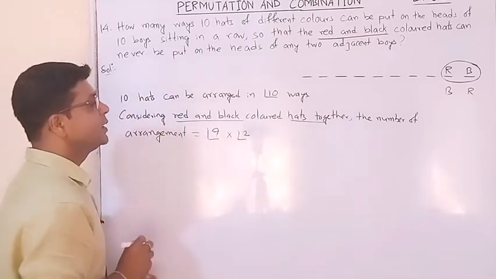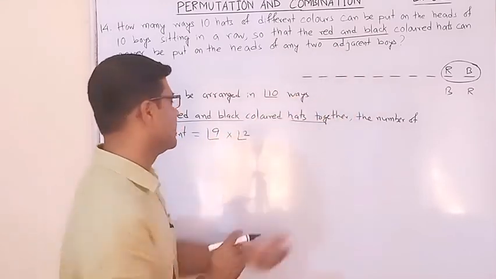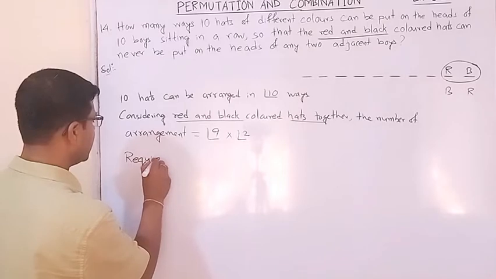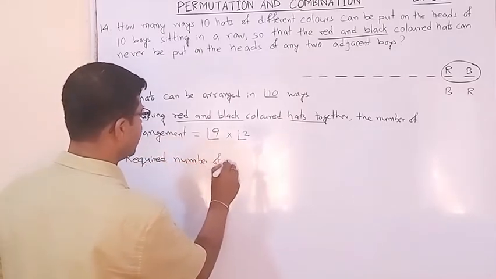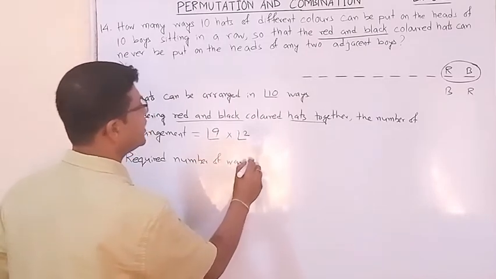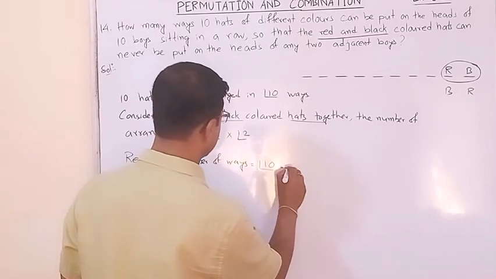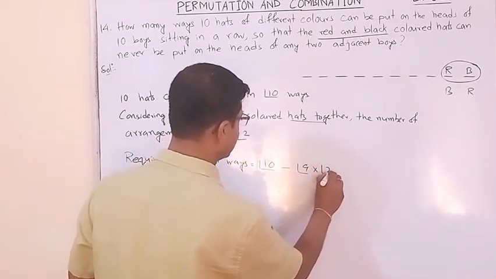Okay, but the question is something else. The question is red and black color will not be together, so the required number of ways will be from the total. From the total, factorial 10, we shall subtract this, minus factorial 9 into factorial 2.